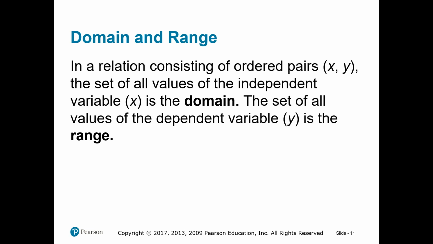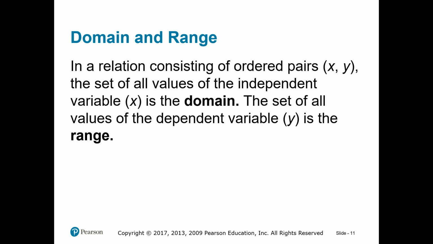If you have an ordered pair (x, y), right, the set of all x values of the independent variable x is the domain, and the set of all y values, all values of the dependent variable, is the range.